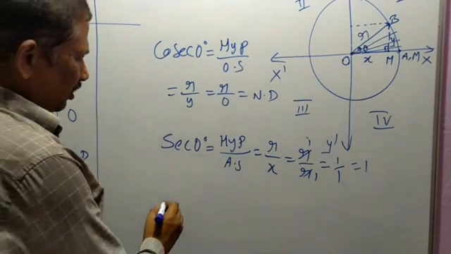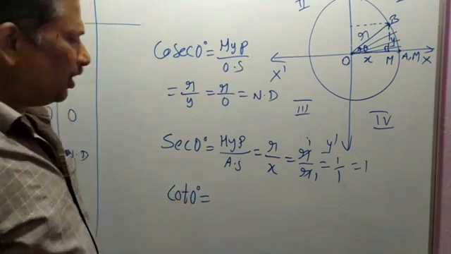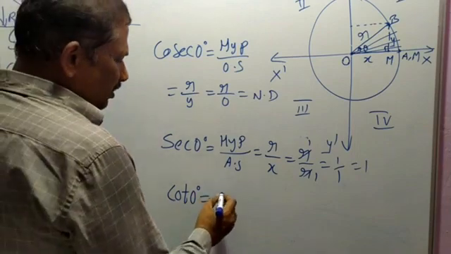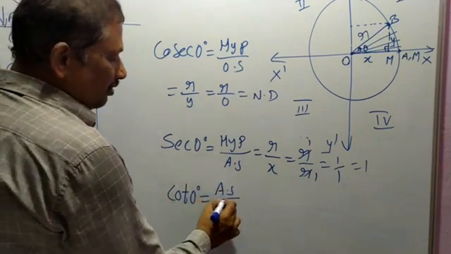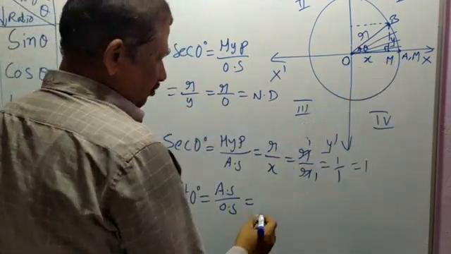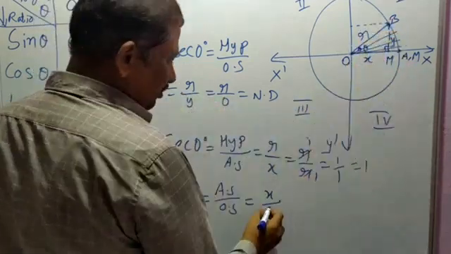Next, coming to cot. Cot 0 degrees. Cot is the reciprocal of tan. Tan is opposite side by adjacent side. Cot is adjacent side by opposite side. So adjacent side is OM, that is x, and opposite side is y.